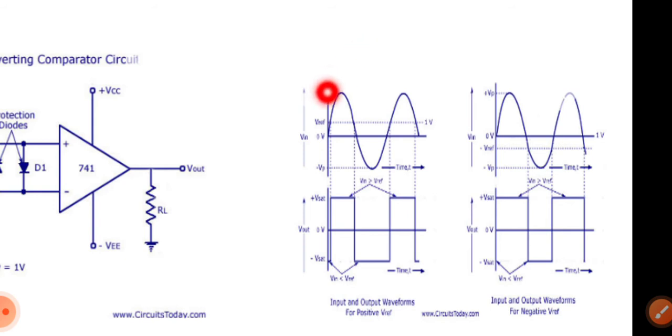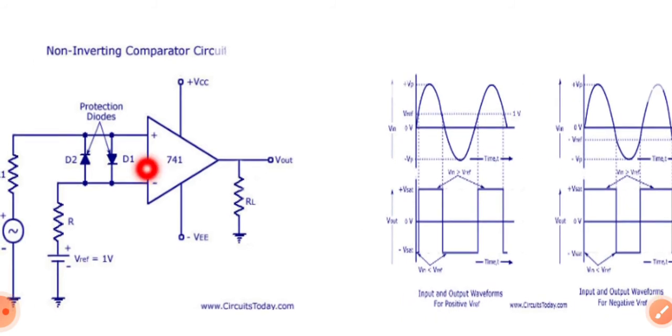V peak is always equal to the plus saturation, which is equal to plus VCC, and minus V saturation is equal to minus VEE. If this voltage is more than this voltage, Vin is greater than V reference. If this voltage is more than this voltage, Vin is less than the V reference. This is a circuit, right?